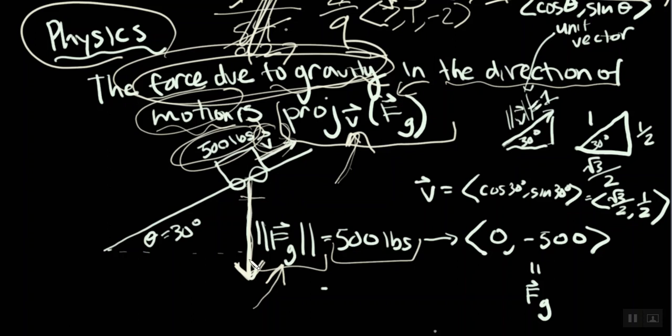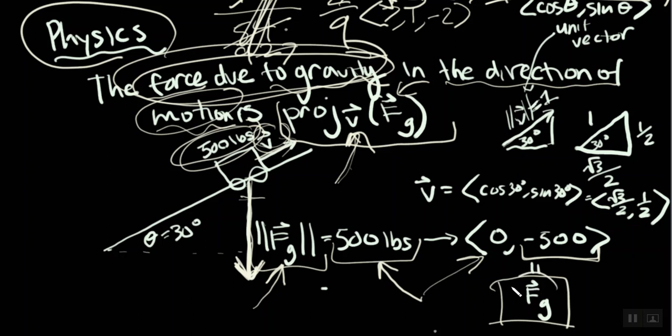It's changing in the y direction, and it's going down. So it's going to be a negative change in the y direction. And in this case, the change will be negative 500. And notice how the norm of this vector will give you 500. So that's something cool. And this is equal to the vector of the force of gravity.